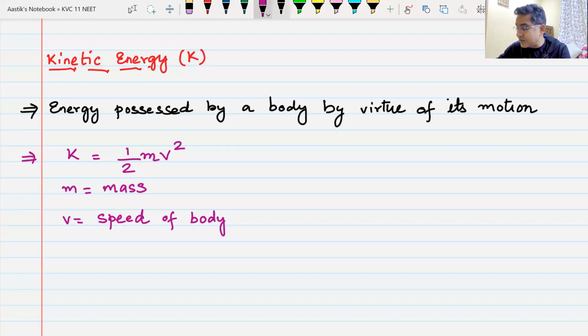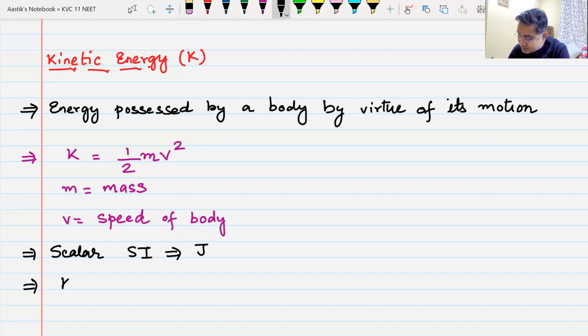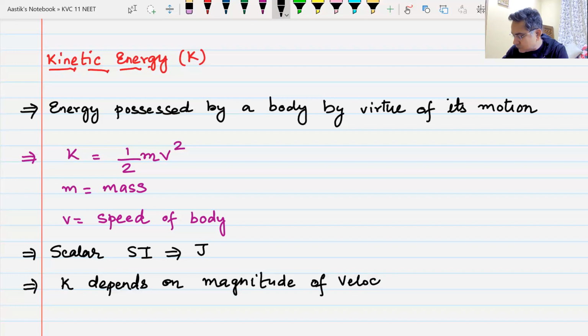What type of quantity is kinetic energy? It's energy, so it will be a scalar quantity. The SI unit again will be joules. It is energy possessed by the body by virtue of its motion, half mv square. What you need to remember: kinetic energy K depends on, and write it very clearly, the magnitude of velocity.